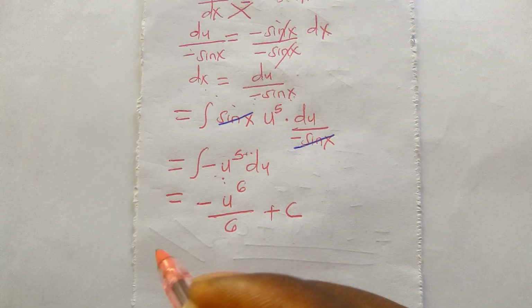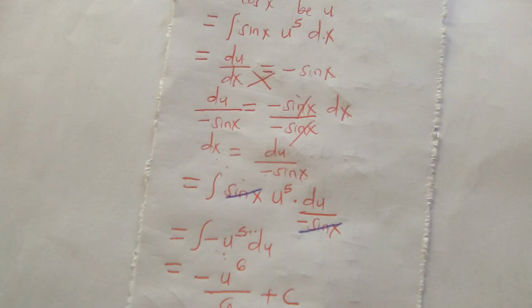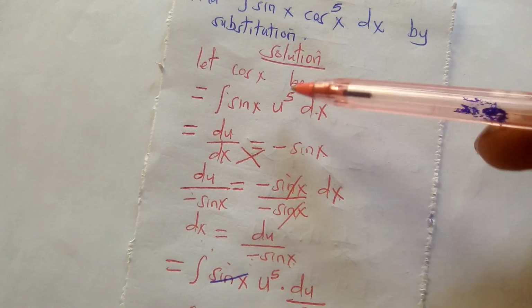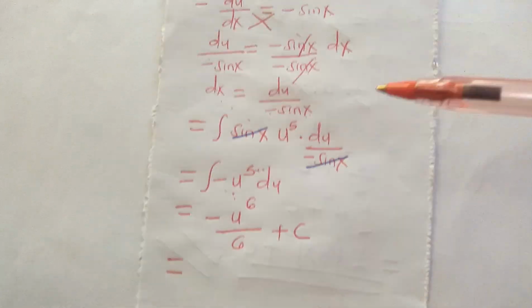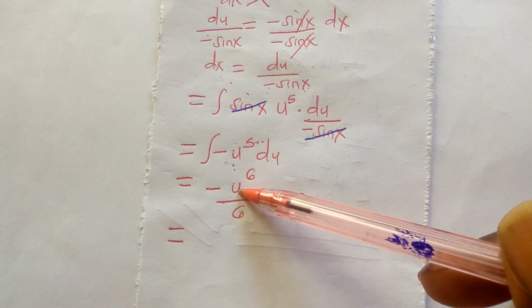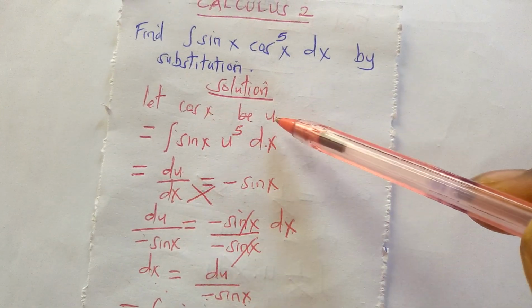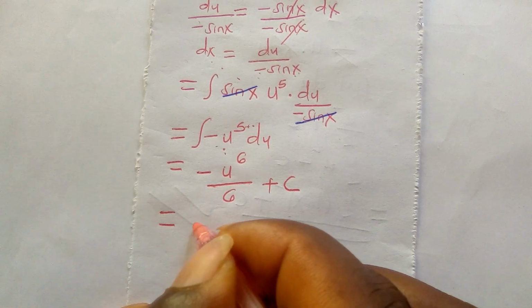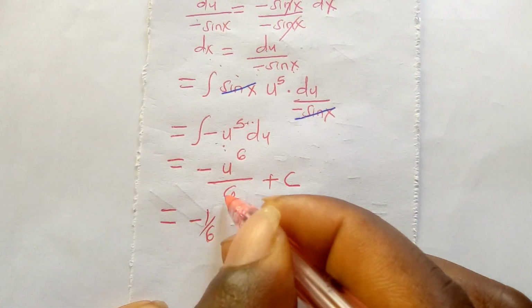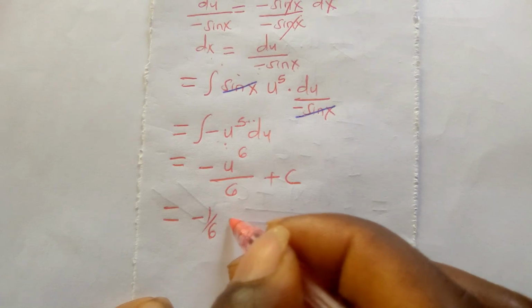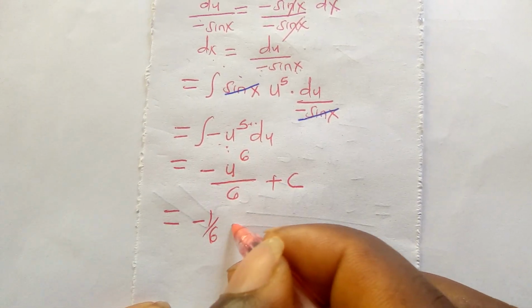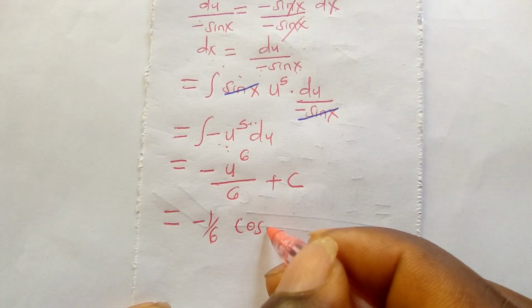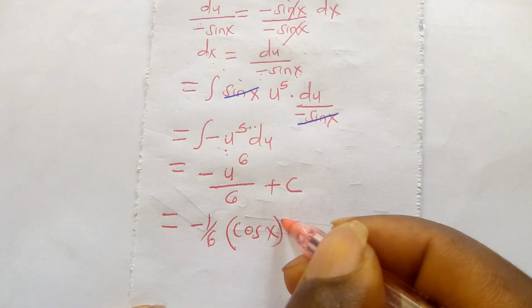Now after this, remember back here I said that let cos x be equal to u, and here I have u, meaning when I substitute u with cos x, I'll be correct. So I'll just say it is negative 1 over 6, because this can be written as 1 over 6, that is u, and u is cos x, so it will be cos x, but it is raised to 6.